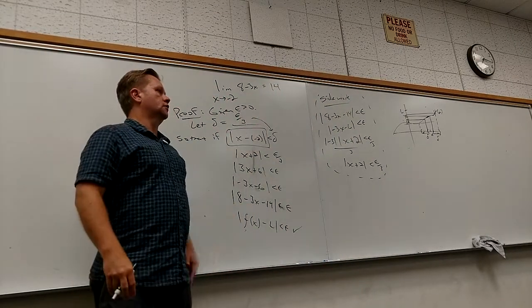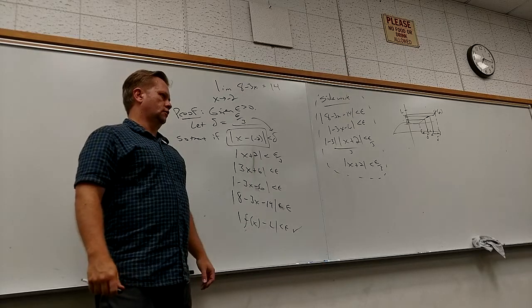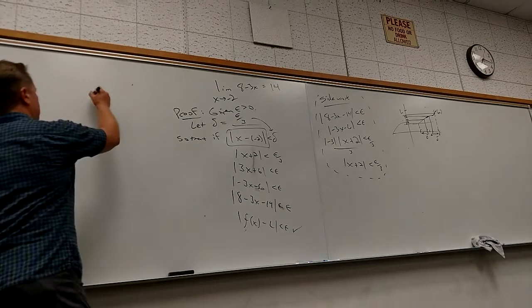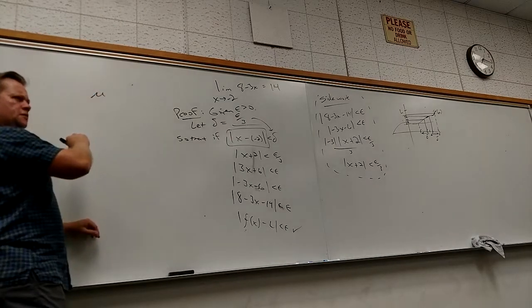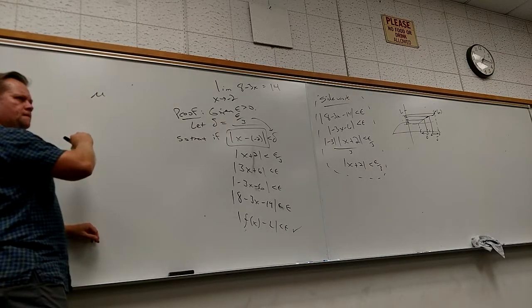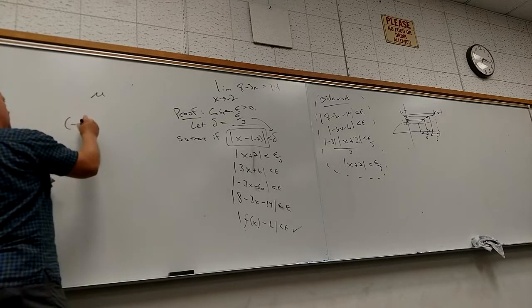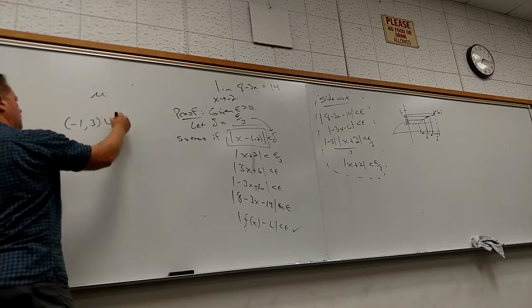Yes? Another symbol is like a Greek U. What does that mean? Where have you seen that? This is in statistics. Like in the context of domains and ranges, sometimes it would be like an interval pair and then a U in between. Oh, no. So something like this here.